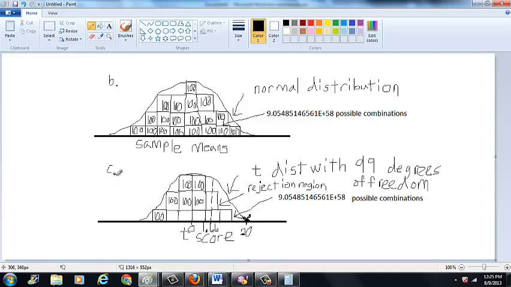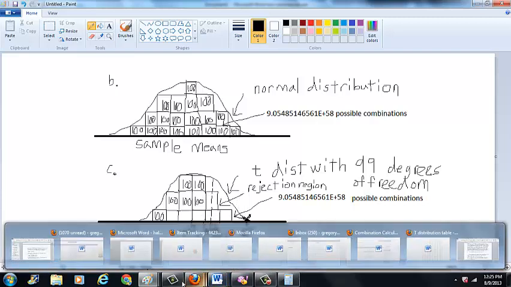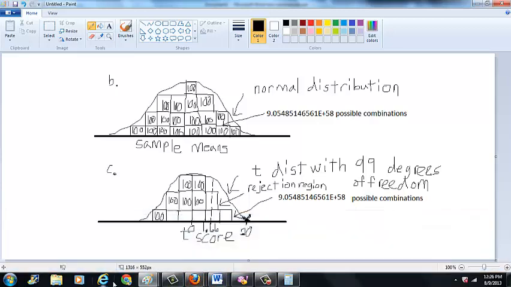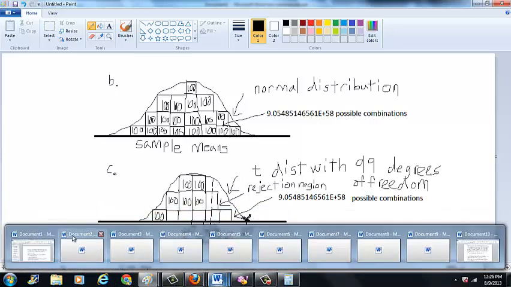So this still says part C, but in these other questions, you're just adding new things to the sketch that you already made for part C. What does the next part say?